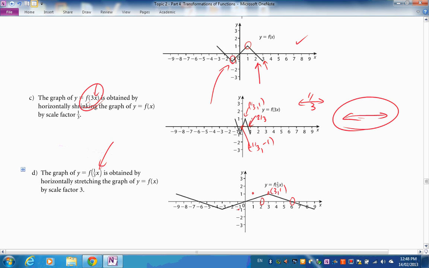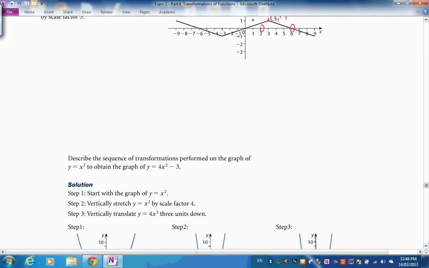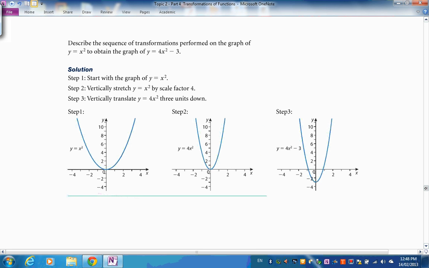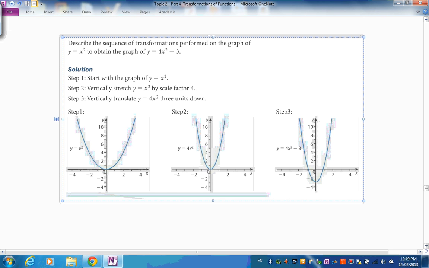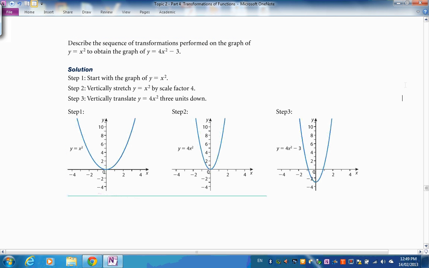Let's go down and have a look at another variety of problem. Describe the sequence of transformations performed on the graph of x squared to get this one here, and let's see what we get.